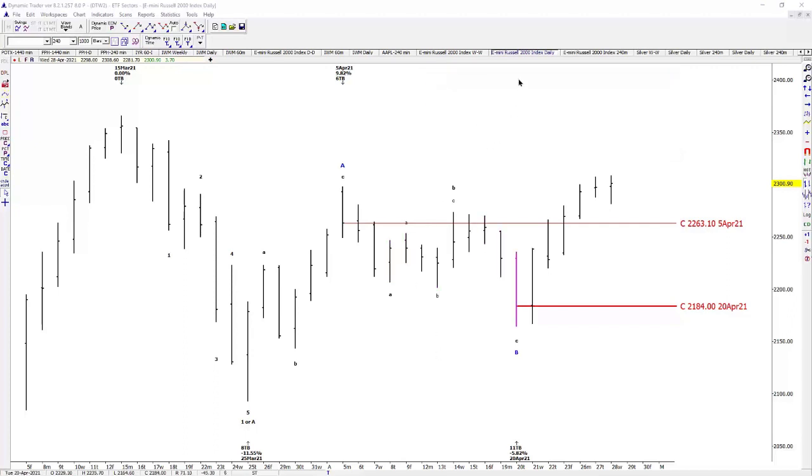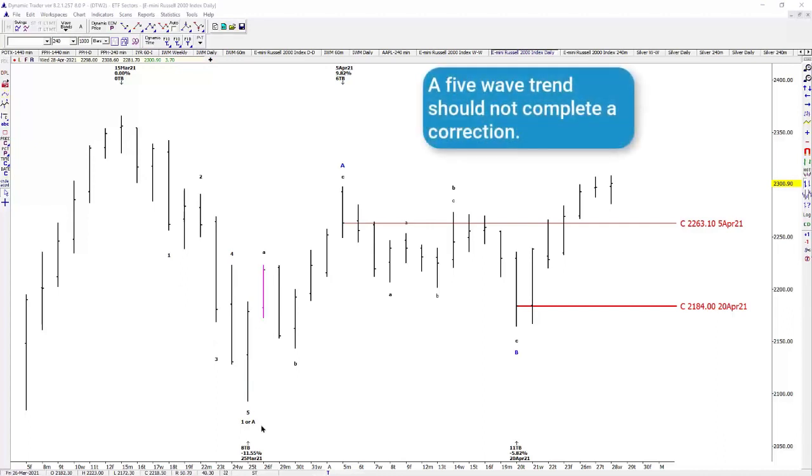This is the Russell Index, and some data from, in this case, the March 2020 high. We had this initial decline, which nicely subdivided into 5 waves. And as we know, a 5-wave section cannot be a complete correction because corrections should not end in 5 distinct waves or 5 distinct sections.